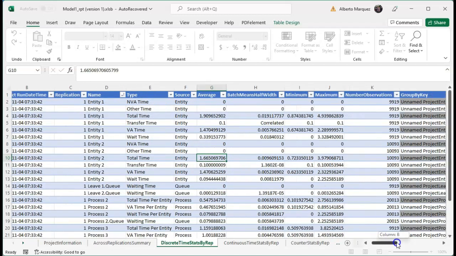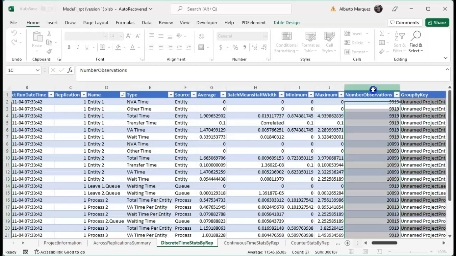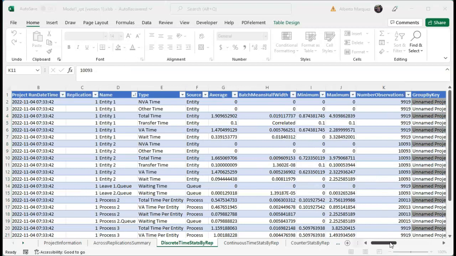The total number of observations that we were able to obtain to run these averages is listed in the next column, which in this case is 10,093 entities. Very good. Let's see what else we have to the right.